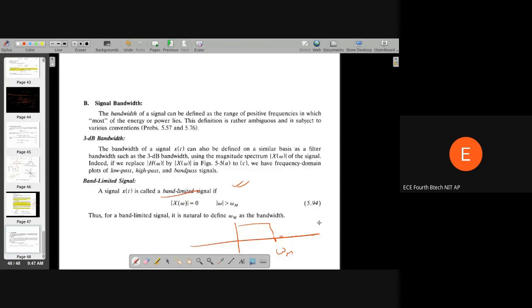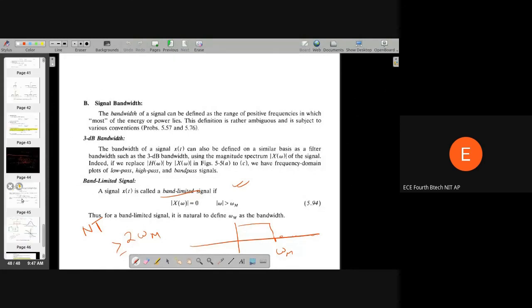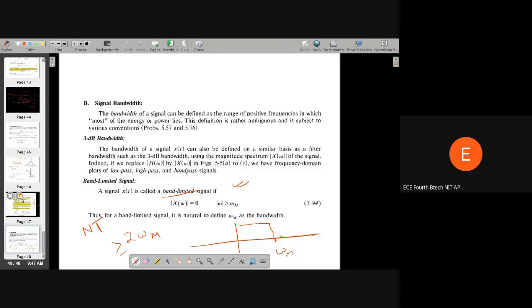For these kinds of signals, we use the Nyquist theorem to sample at a particular rate. What is the rate? Greater than or equal to the maximum frequency of the signal, and then we convert it into a digital signal. So these are the concepts that are there. Please revise your signals and systems as I have told. There is nothing much.